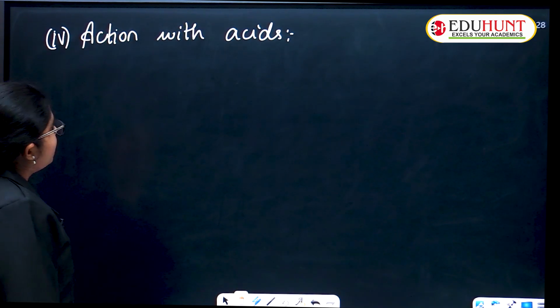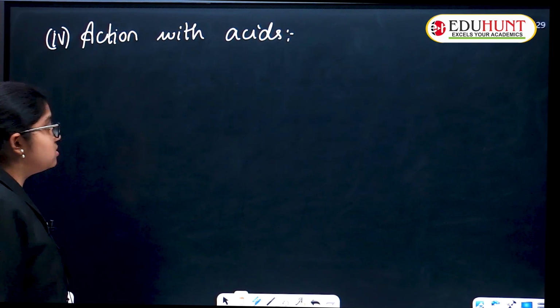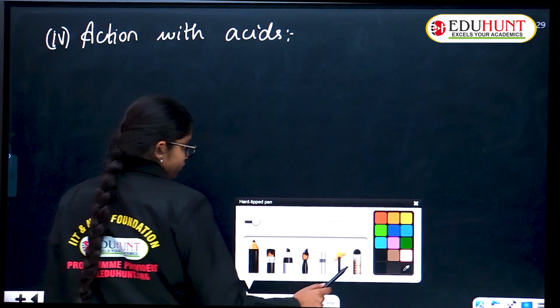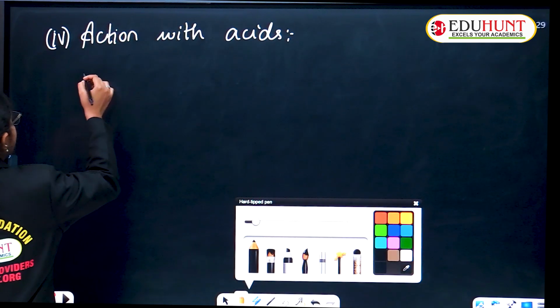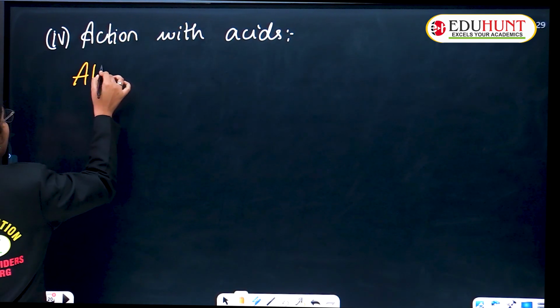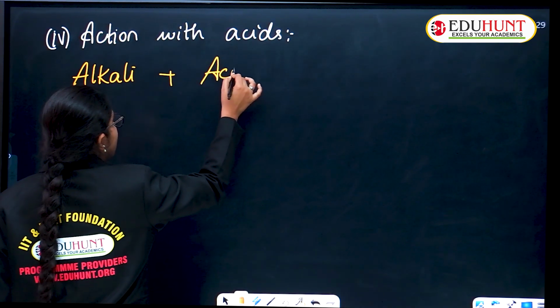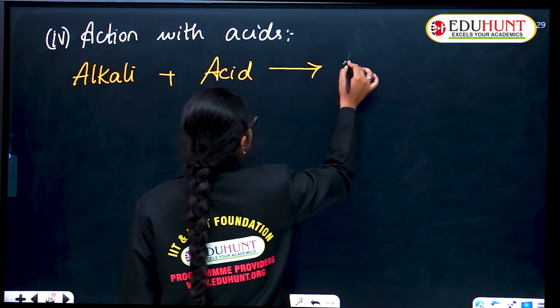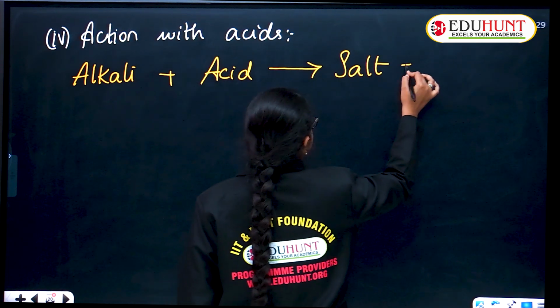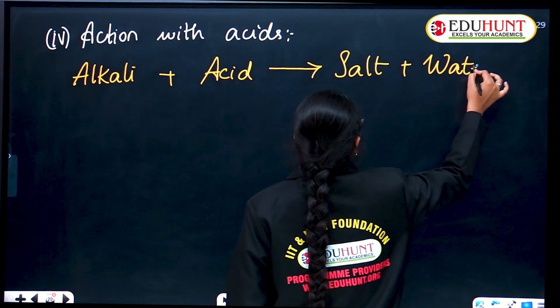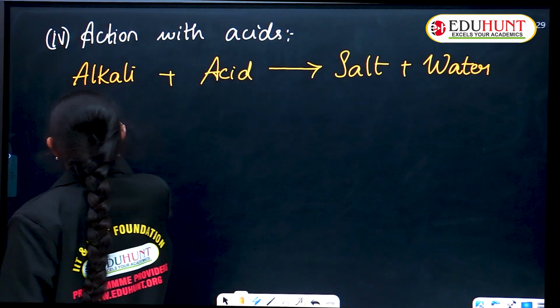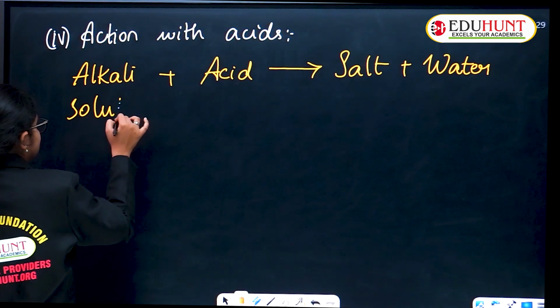Okay. So in that action with acids, children, there is an equation. I'll write for you. When you take alkali plus acid, it gives rise to what? Very good. Salt plus water. So whenever you take alkali solution plus acid, what happens?